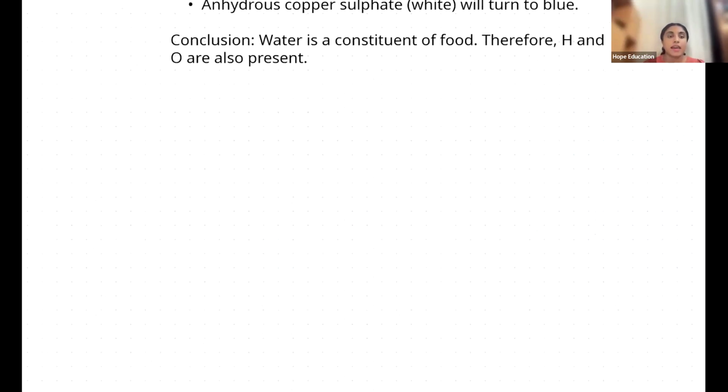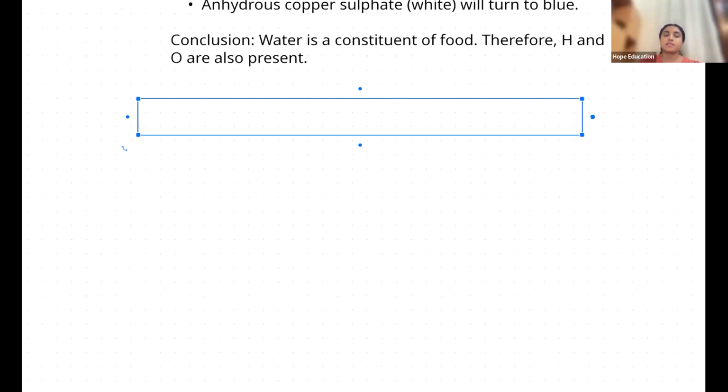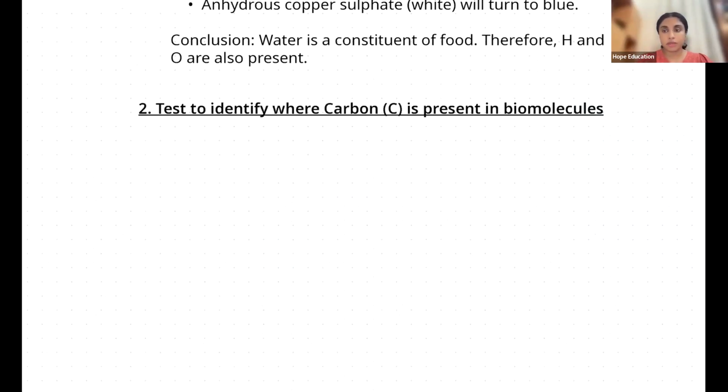Okay. Let's put a subtopic. Number 2 කියලා දාලා මේ test එක අපි ලියමු. Okay, you can write with me.